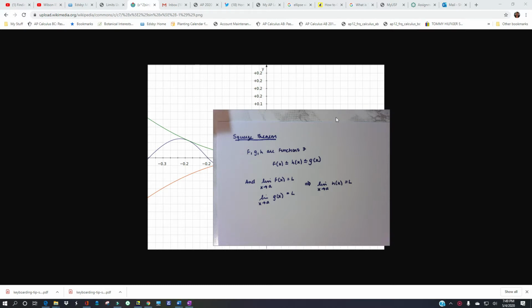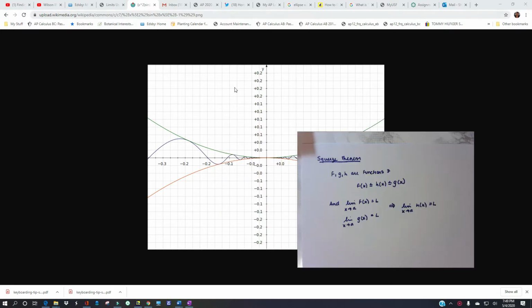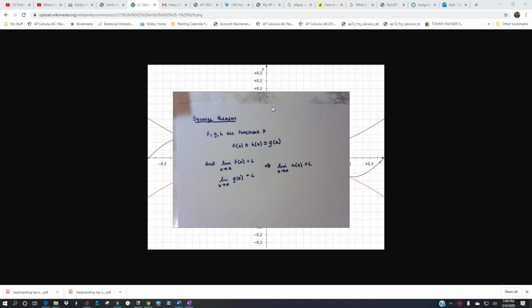But anyway, the squeeze theorem is pretty straightforward, and I'm using this Wikipedia picture here to show you what it means essentially. This is the squeeze theorem in a nutshell. It's not the formal definition, but it's formal enough, okay?